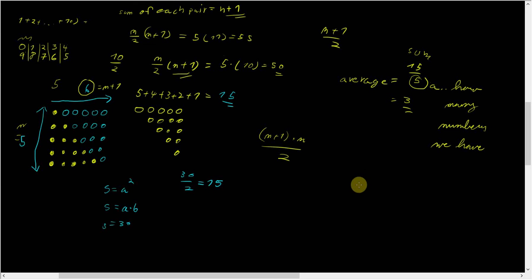So how do we find out the sum? The sum is equal to the average times how many numbers we have. So average times A, where A stands for how many numbers we have. Yes? So our average is 3, times 5 numbers, 15. Works for every number. It's very beautiful.